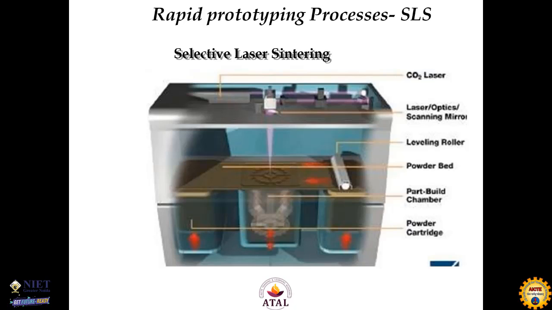Then the laser speed: the scanning speed also affects the quality of this sintering process. Apart from speed and laser power, the diameter of the laser spot is very essential. These are the parameters that affect the accuracy of the sintered part.